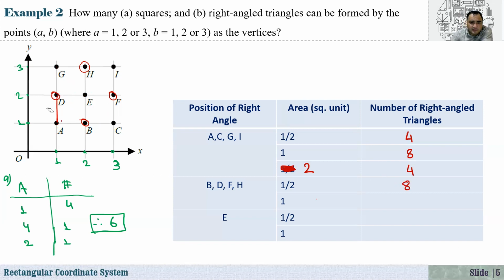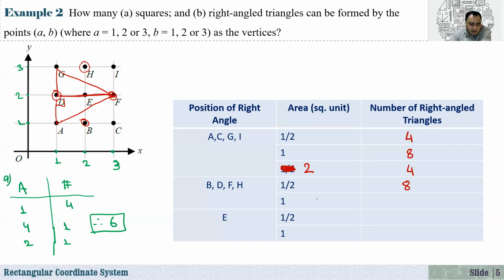And how about if the area is 1, right? At that time, I can just draw like this. No. Okay, D, right? We're talking about D. So the angle at D should be 90 degrees and the area is 1. So that is, let's say, like this, right?